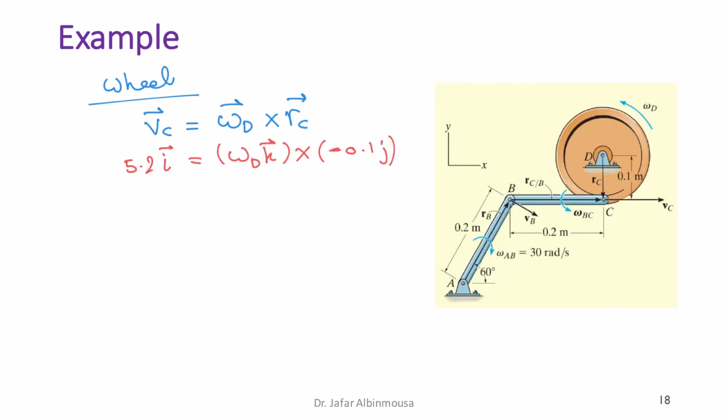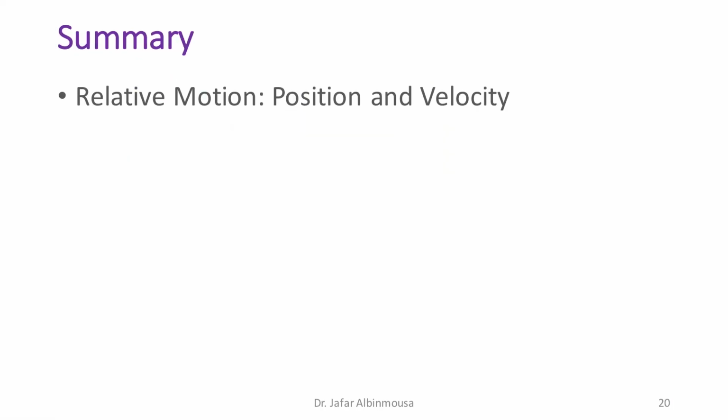Now RC is going from point D all the way to C, which is negative J. And for that, we are going to get 5.2, which is equal to 0.1 omega D, and we will get omega D equals 52.0 radians per second.